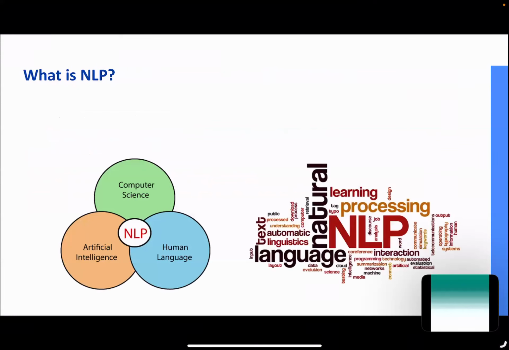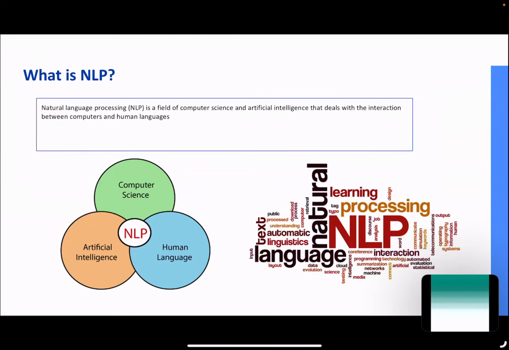The basic and starting step of ChatGPT is that when any user gives a prompt or question to ChatGPT, the model performs some kind of NLP step. So what is NLP? NLP, in simple words, is natural language processing, a field of computer science. You can consider it as the combination of computer science, artificial intelligence, and human languages.